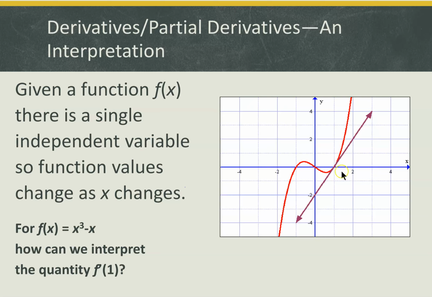But let's go back and think about this rate of change, because in Calculus 3, in multivariable calculus, we really don't deal with slopes. So let's think more in the context of rate of change. So f prime at 1 is the rate of change in this function with respect to x when x is equal to 1.